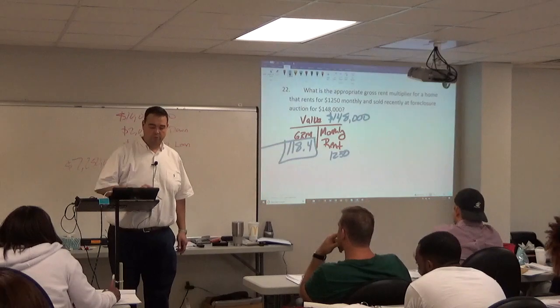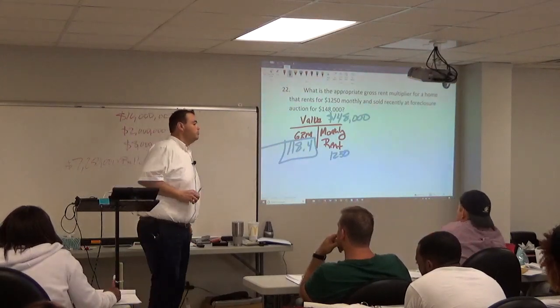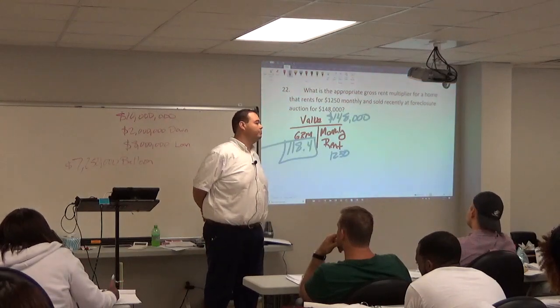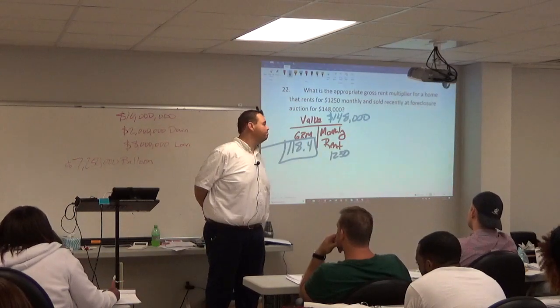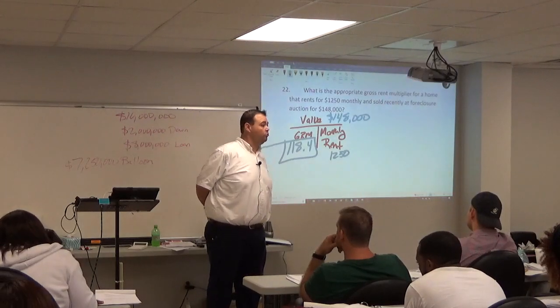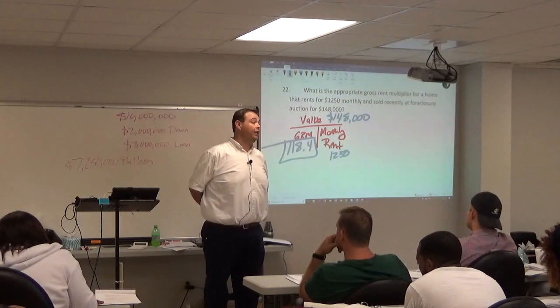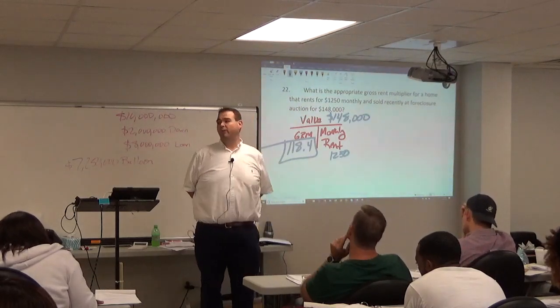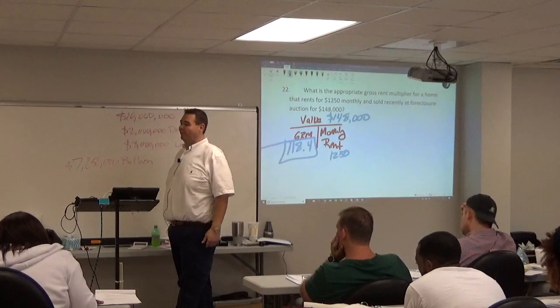There's your gross rent multiplier. Doesn't matter what side you got it on, same thing. Everybody good on that as far as the gross rent multiplier? Like I told you, you really hope you get like 17 of those on the test. You probably won't, but you'll get one, so make sure you don't miss that one.